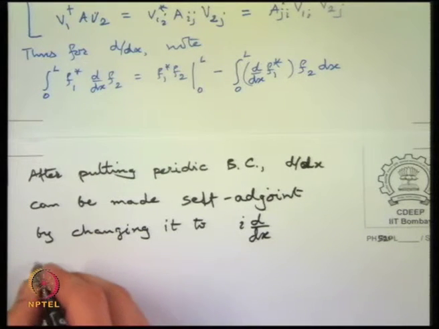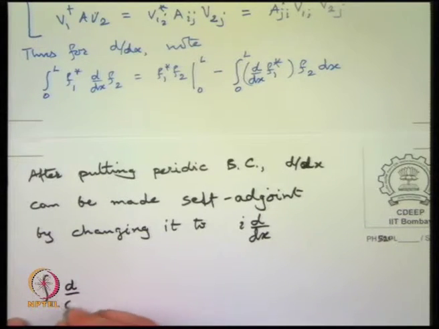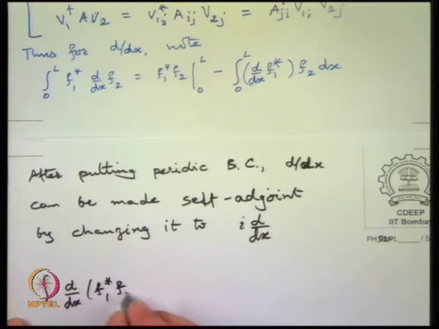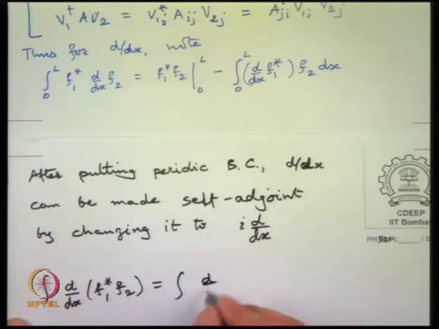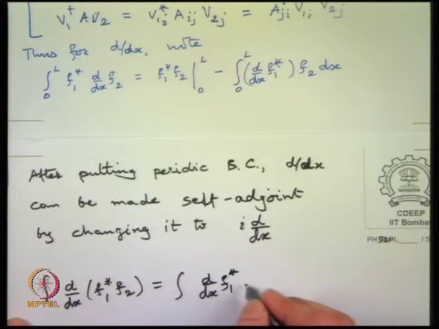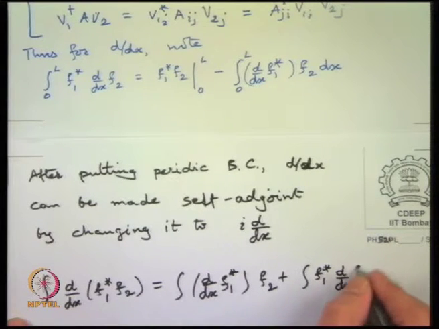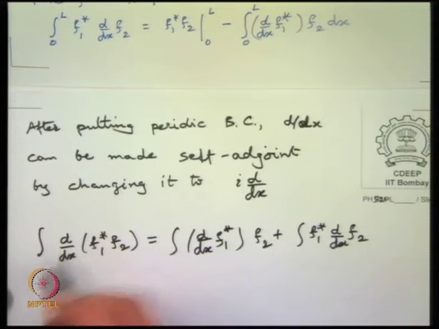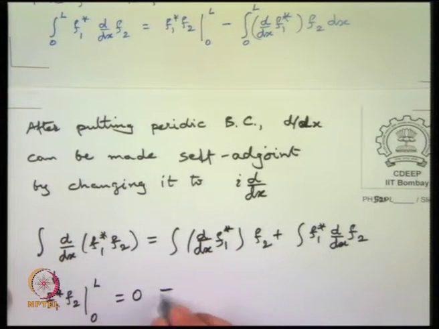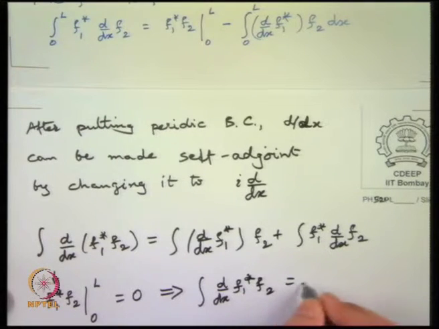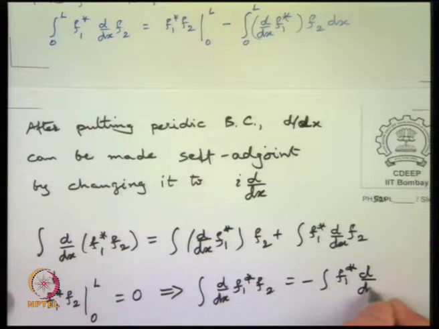So we can start it also by, because it's a total derivative, it is just equal to the endpoint values, and this we set equal to 0 would imply that integral d by dx f1 star f2 is equal to minus integral f1 star d by dx of f2.